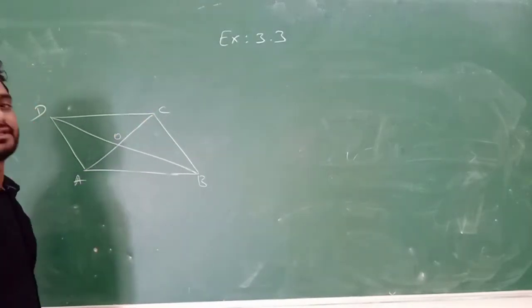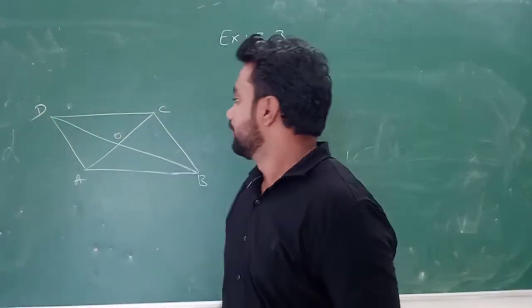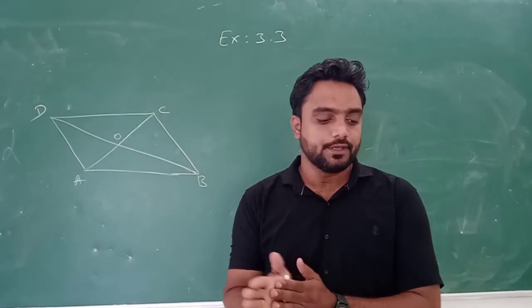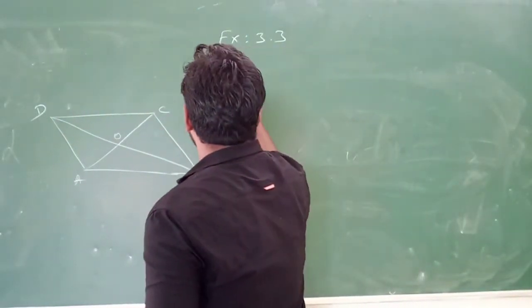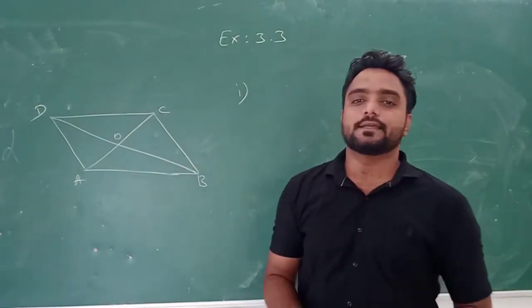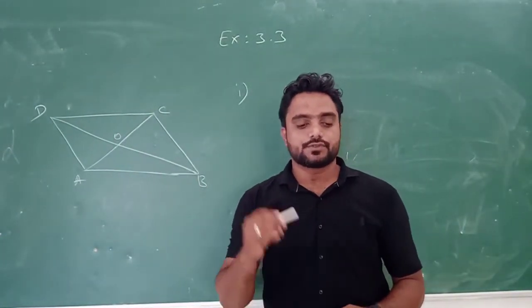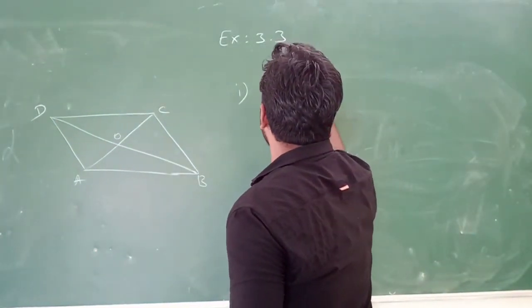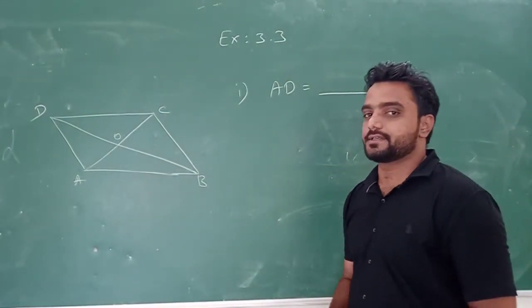And both the diagonals intersect at point O. Understand or not? Now according to that, some fill in the blanks are given to you. So the first blank is what? Now you have to write the answers of these blanks on the basis of the properties of a parallelogram. So what is given to you? AD, that is side AD, is equal to what? So you have to write the answer on the basis of the properties.